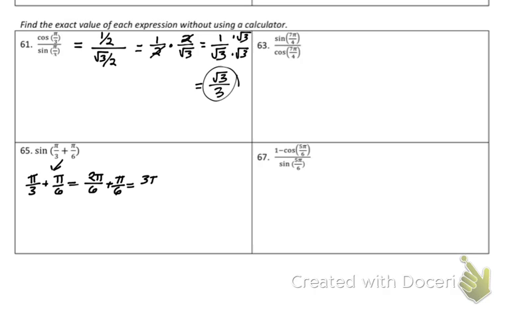That equals 3 pi over 6, which is just pi over 2. So sine of pi over 3 plus pi over 6 is just sine of pi over 2. Pi over 2 is 90 degrees, so it's the straight up one, that point (0, 1), so my sine is going to be a positive 1.